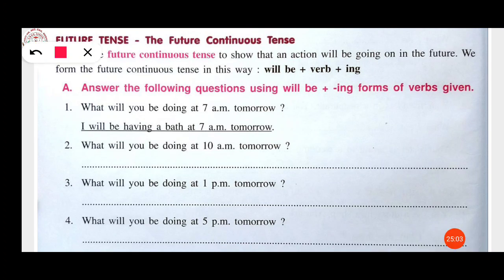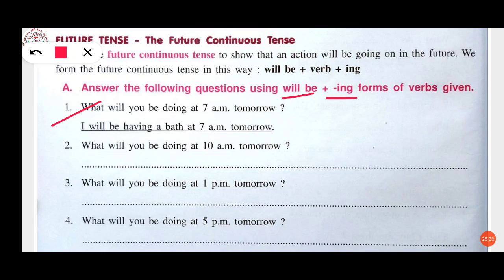So here, what will you be doing at 7 a.m. tomorrow? So what will you write as the answer? You have to add will be plus ing forms of the verbs given. I will be having a bath at 7 a.m.